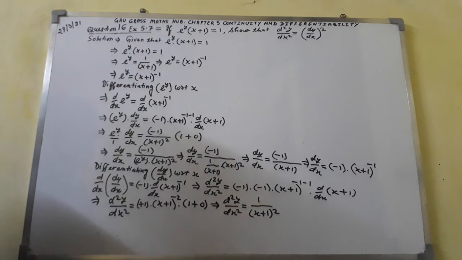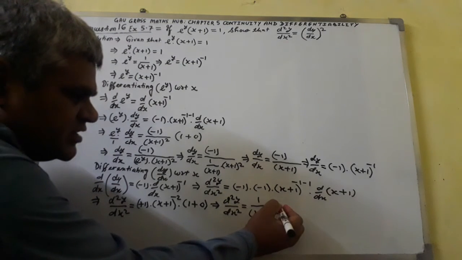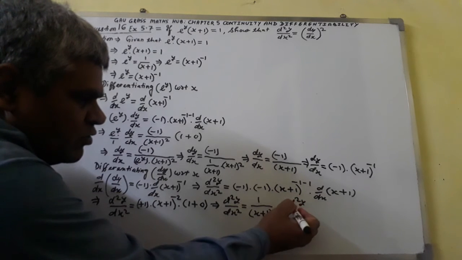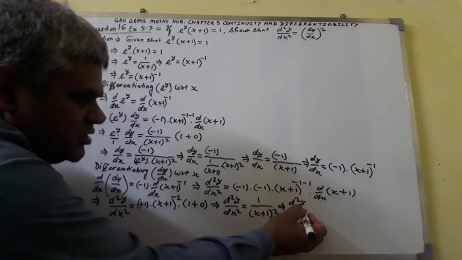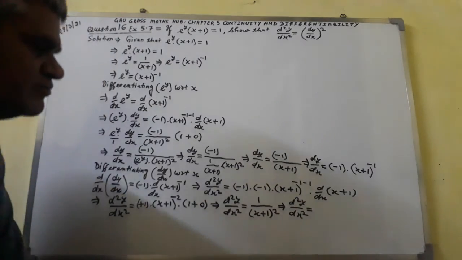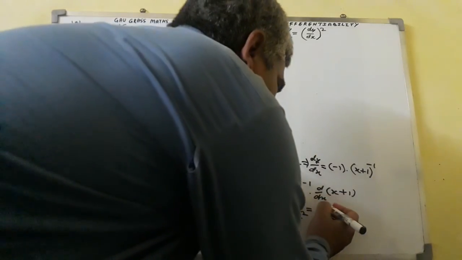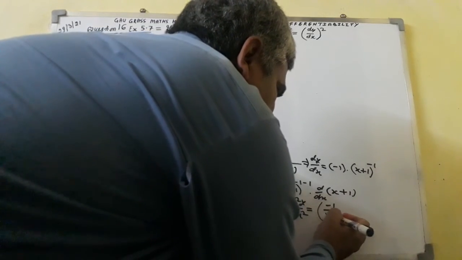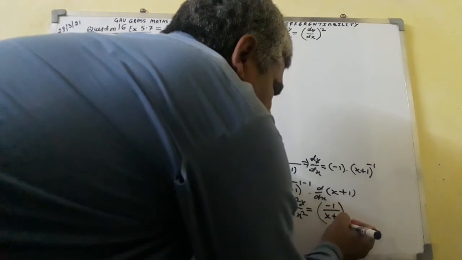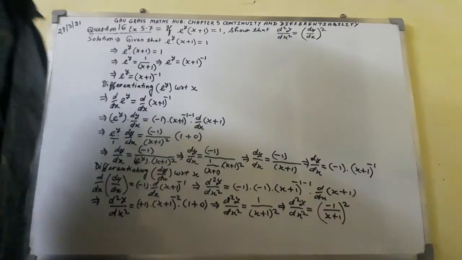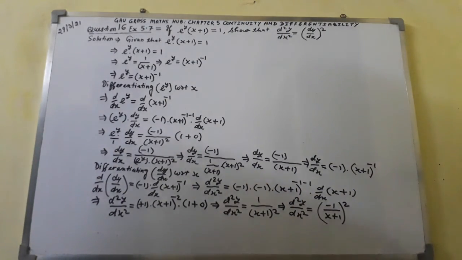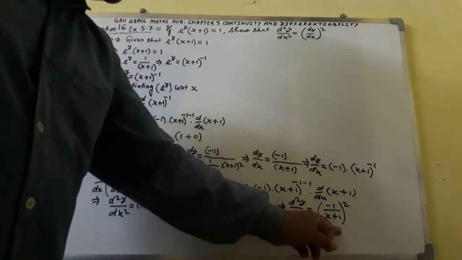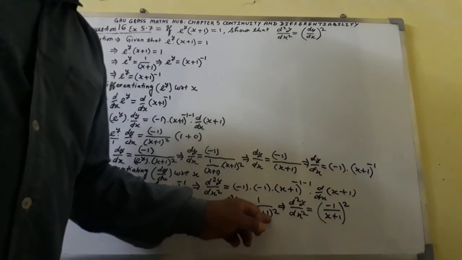Here again I shall write d square y over dx square equal to, in bracket minus 1 over x plus 1 whole square, because minus 1 whole square comes out to be 1, and 1 plus 1 whole square comes out to be 1 plus 1 whole square.